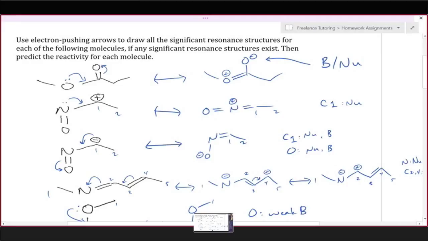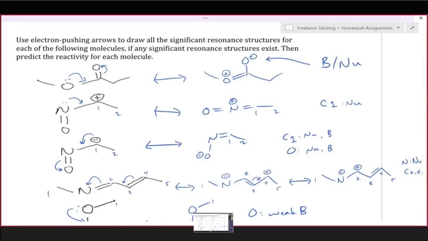All right, and that's very important. So now what reactivity would you predict? Oh, yeah, that's funny. I didn't really think that one through very well.